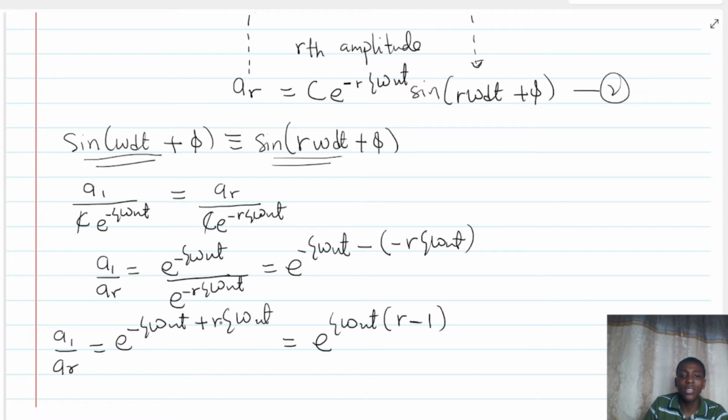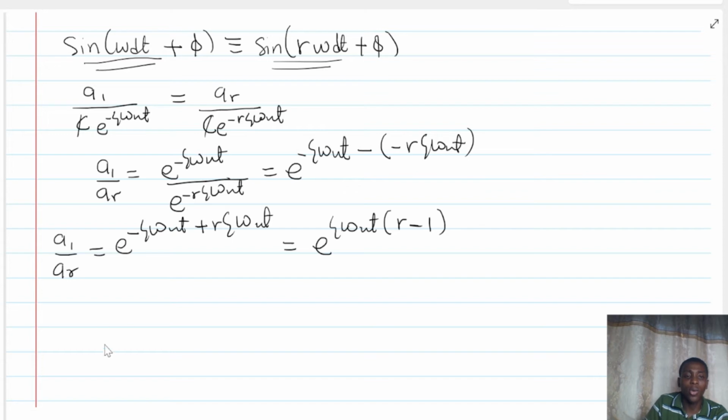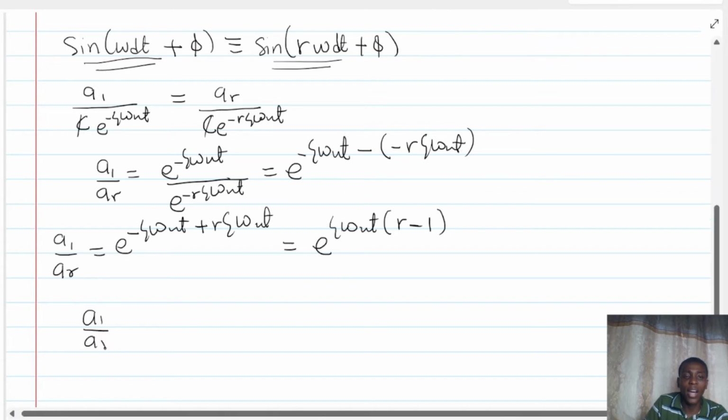I've factorized out ζωn t. So A1 divided by Ar is now e^(ζωn t (r - 1)).